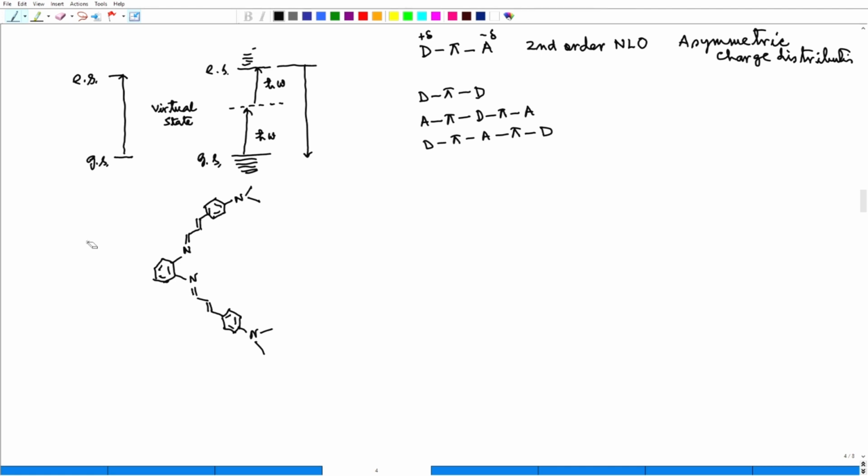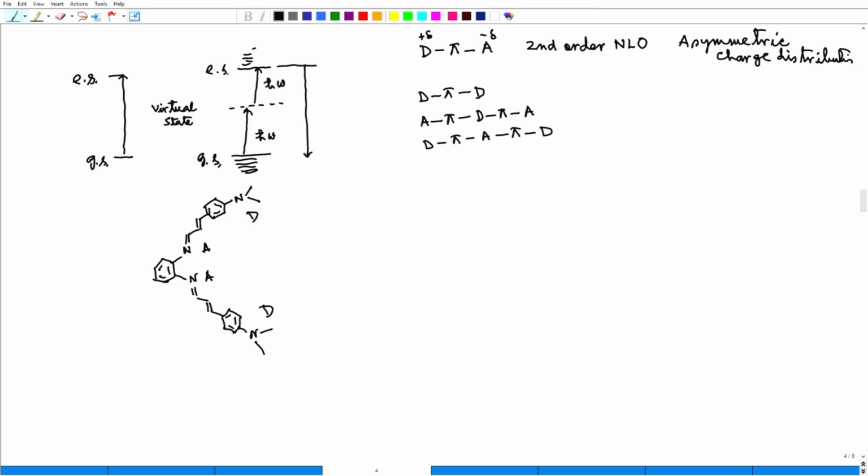Okay. What is this structure if you look at it carefully? This is D, this side is D, this side is D, both sides D, and this side is A. Okay, it is a double bond, so it is A, and then all these pi.